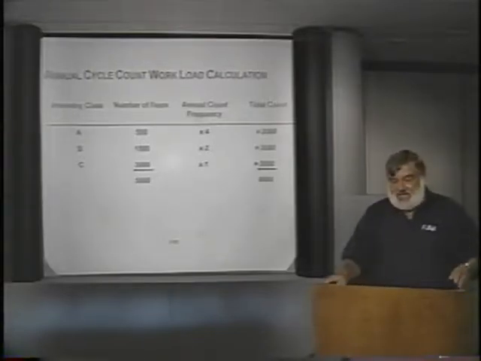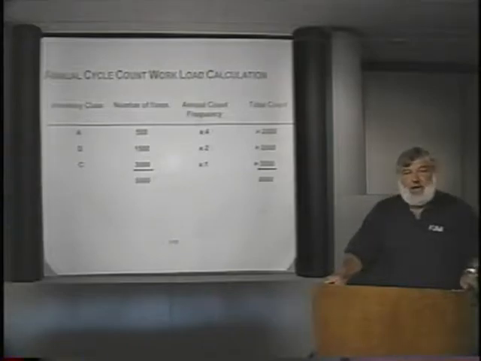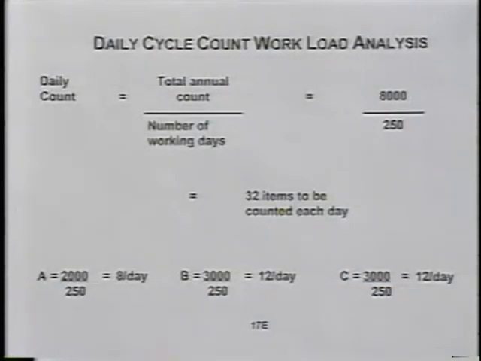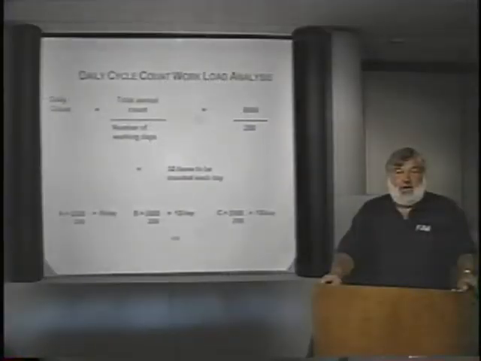Now, if you turn to 17E, we're going to determine the daily load or workload for the cycle count program. What I'm going to do is to take the 8,000 annual counts and divide that by 250, which represents 50 weeks per year and 5 days per week.